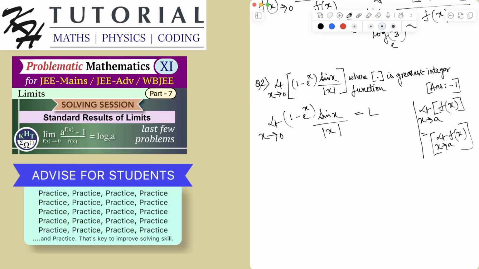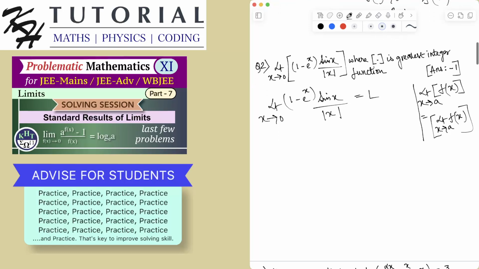Now I see 1 minus e to the power x. Let's rearrange it and I put a negative sign outside. This is the limit as x tends to 0 of e to the power x minus 1, and I have sin x and mod of x.